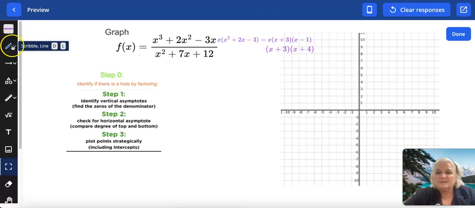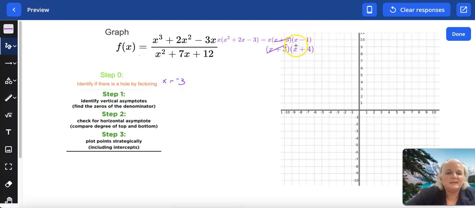So I'm going to put a slash through that to say that these cancel, and my hole is at x equals negative 3. But I can't graph that until I know what the y value is. So I'm going to just write x equals negative 3, and I'm going to find out my y value for my hole.